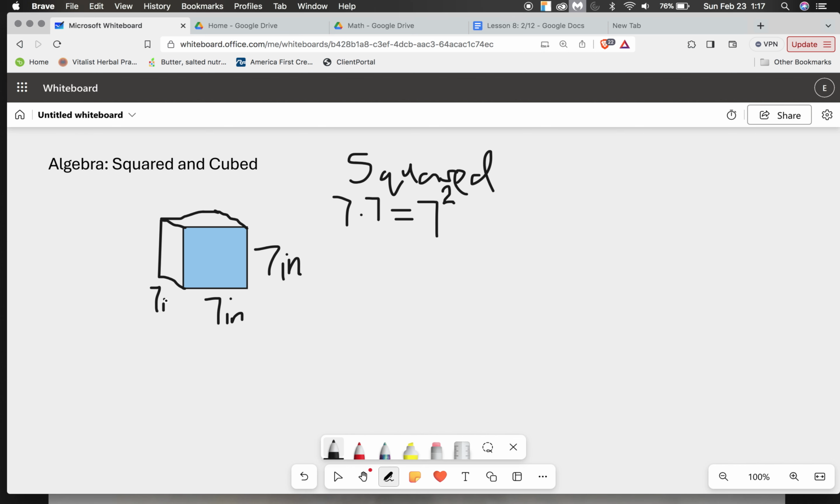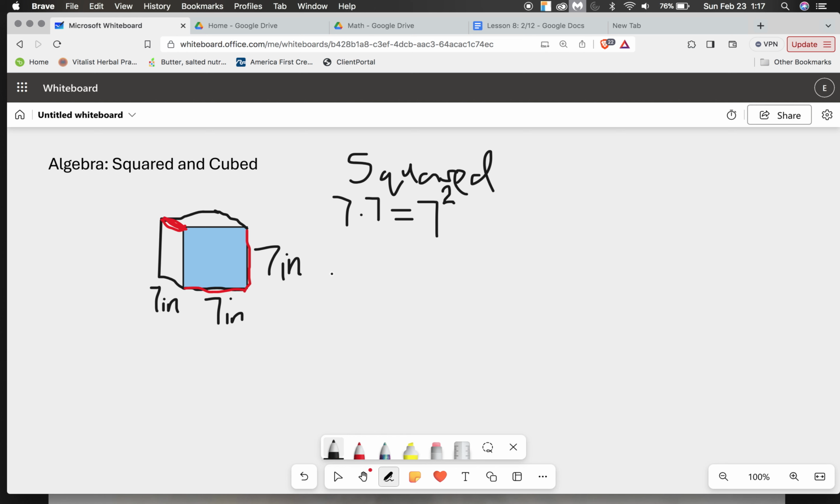And when we're finding the area of the cube, we need to multiply this bottom length side by this side, also by how deep or how far back our cube goes. So by 3 sides in order to find the area of a cube.